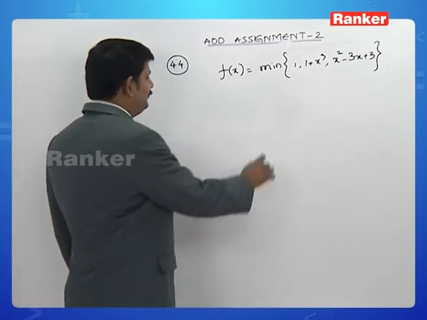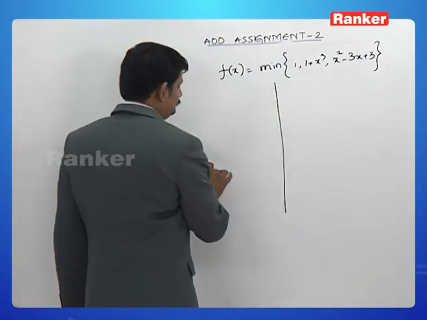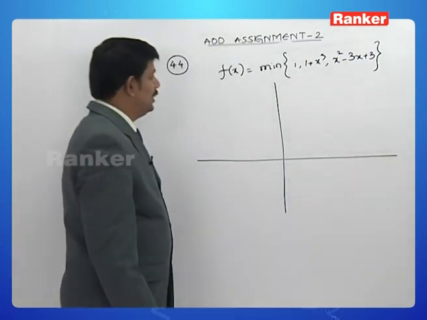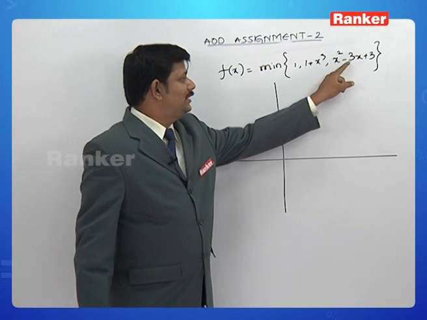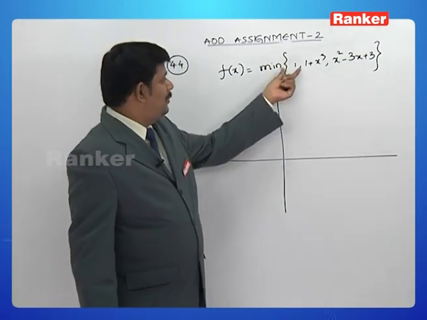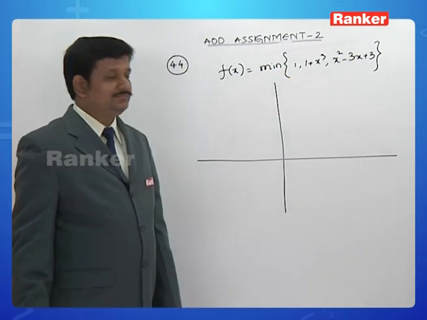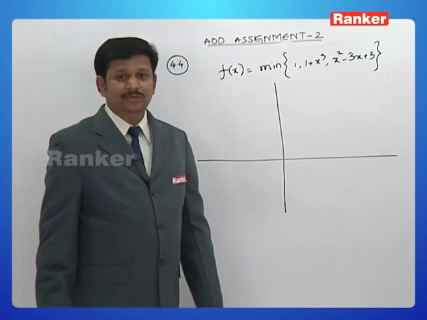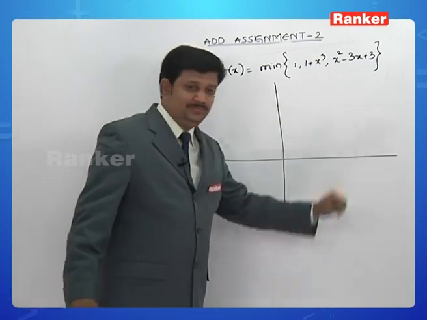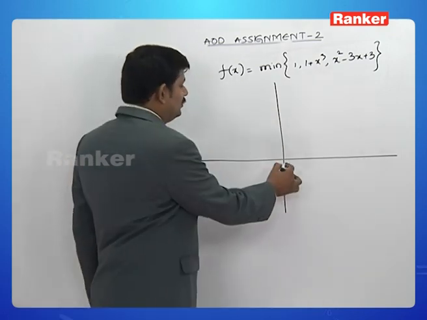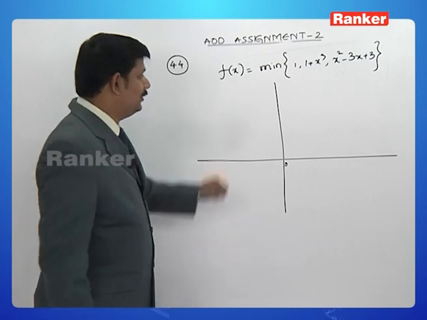Let us plot the graph of f of x. F of x is the minimum of 1, 1 plus x cube and x square minus 3x plus 3. Among 1 and 1 plus x cube, whenever x is positive, 1 is the minimum. We can ignore 1 plus x cube on the right side of origin, and we can ignore 1 on the left side of origin.